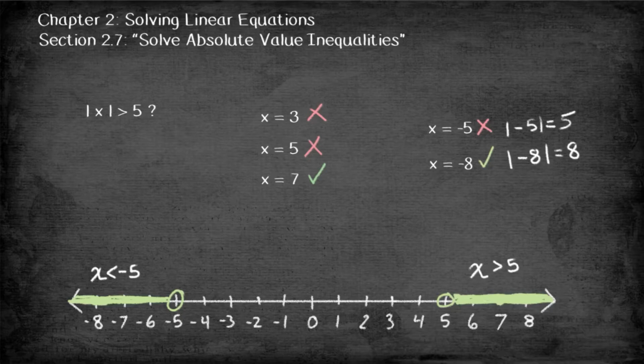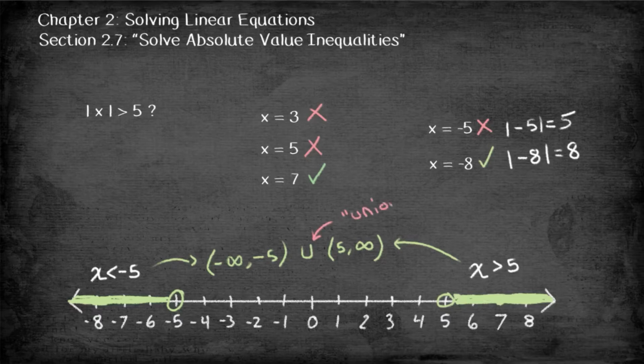There's no way to write that as one interval. X is allowed to be in either of these two sets. The way that we write it down is with this little U, which is meant to stand for the union of the two sets.